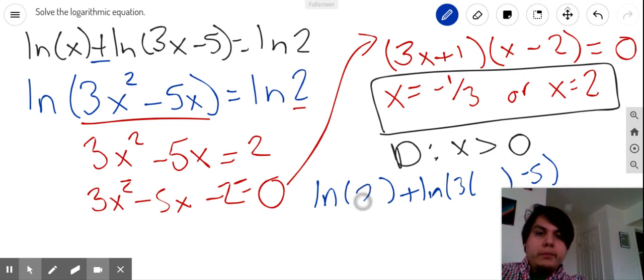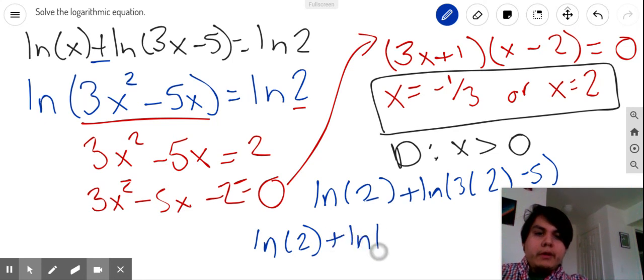It could be 2. Natural log of 2, that's okay. Natural log of that, let's double check. So we got natural log of 2 plus natural log of 6 minus 5. That one checks out.